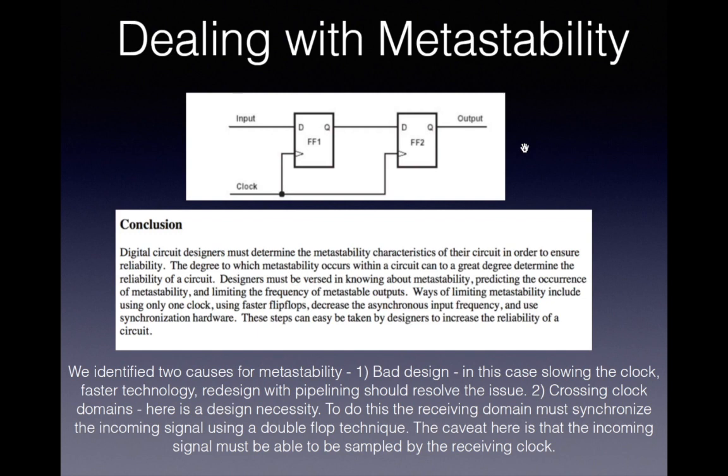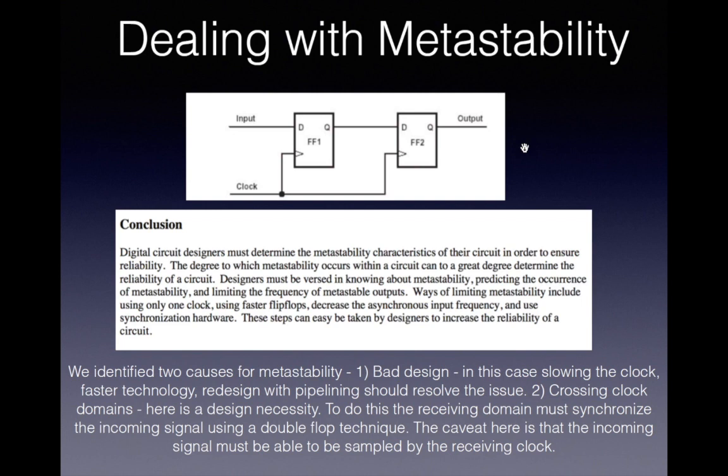So from the last page of that paper, this is how they deal with metastability. It says digital circuit engineers must determine the metastability characteristics of their circuit. The degree can determine the reliability of the circuit.